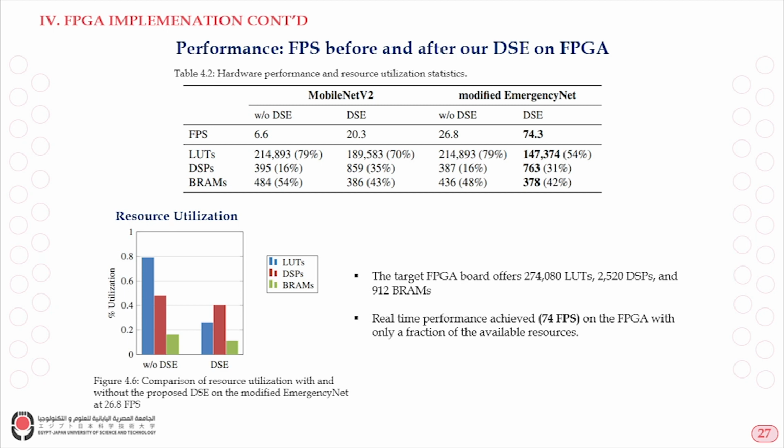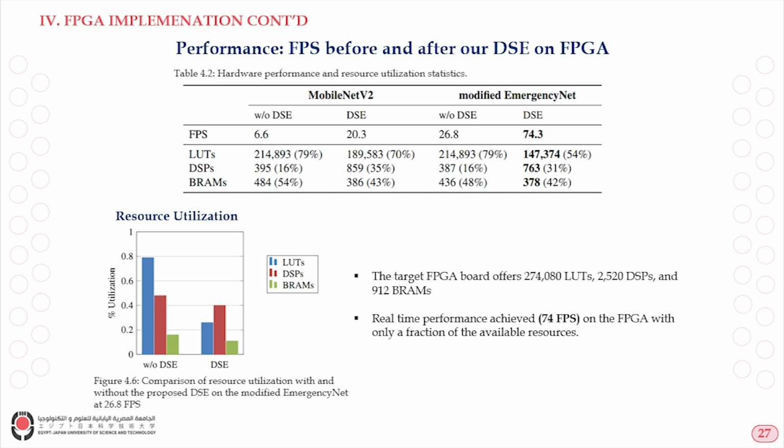This is really good for emergency response, because we need swift and time-sensitive decision making. And we reduced the resources we use from, for example, 80% utilization of the FPGA to less than 50%.